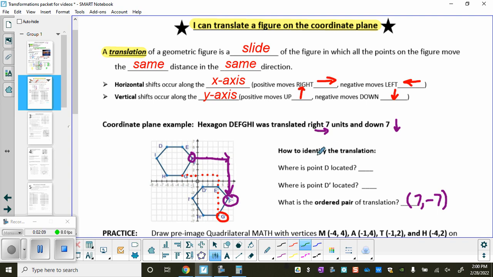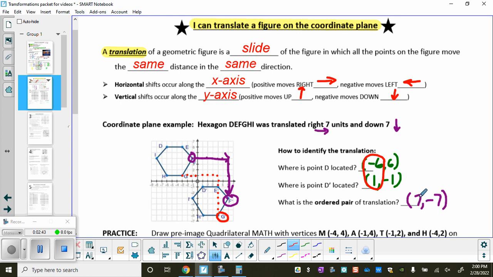Now for the example here, how to identify a translation, let's just see if it didn't tell you that part. All right, cool, you've got point D. D is currently located back 6, up 6. That is where D is currently located. Okay. Now D prime is located right here over 1, down 1. So what did I do to the x points to go from this -6 over to 1?